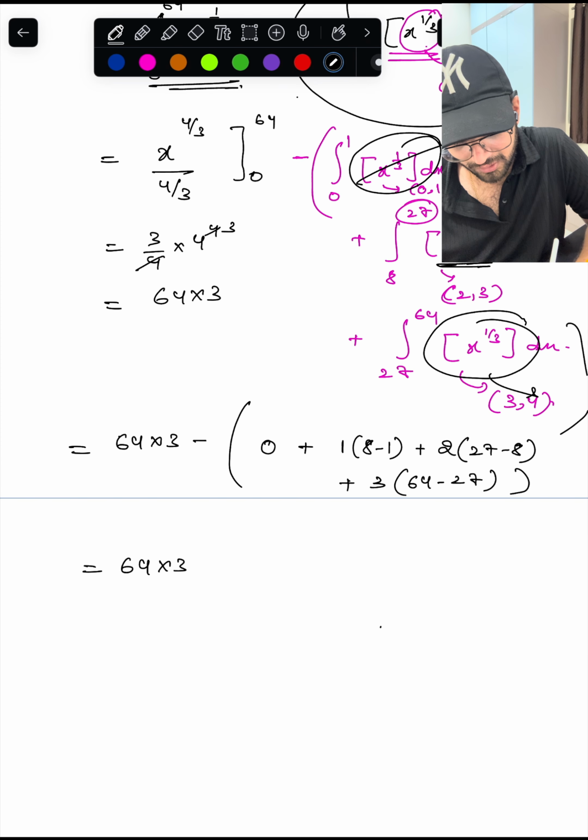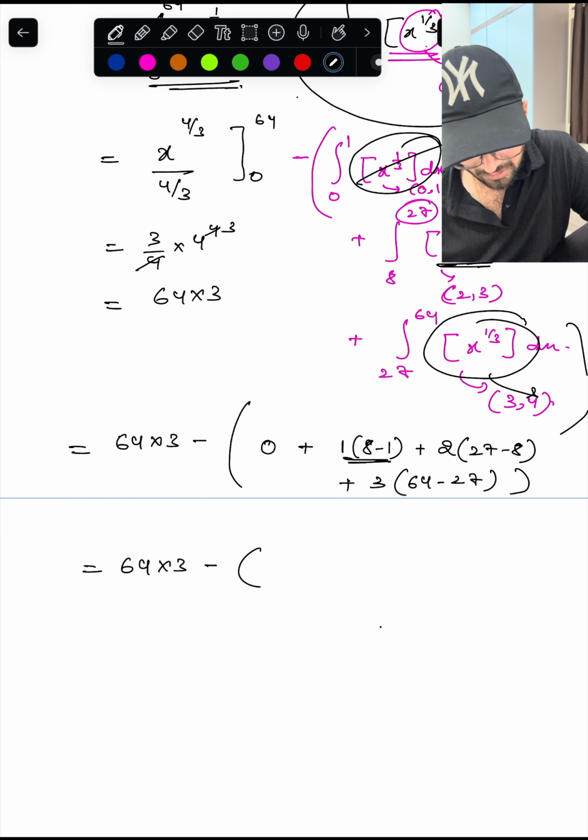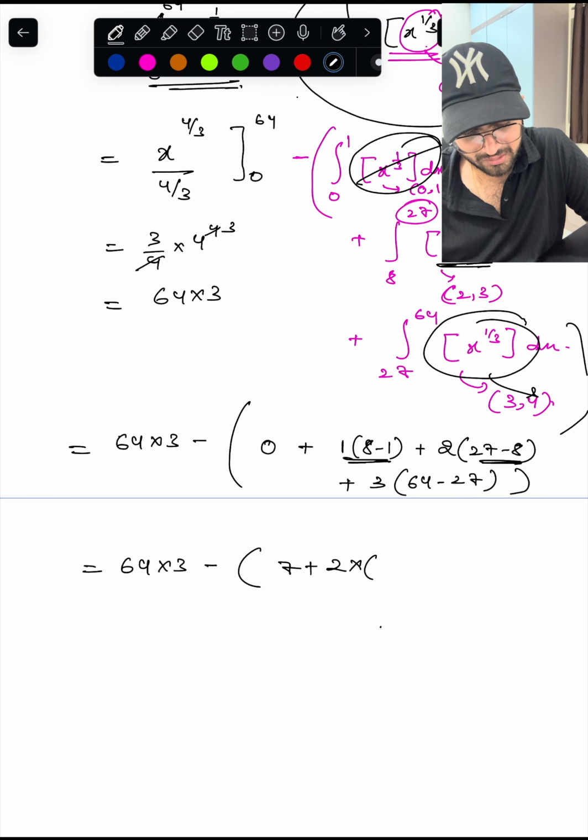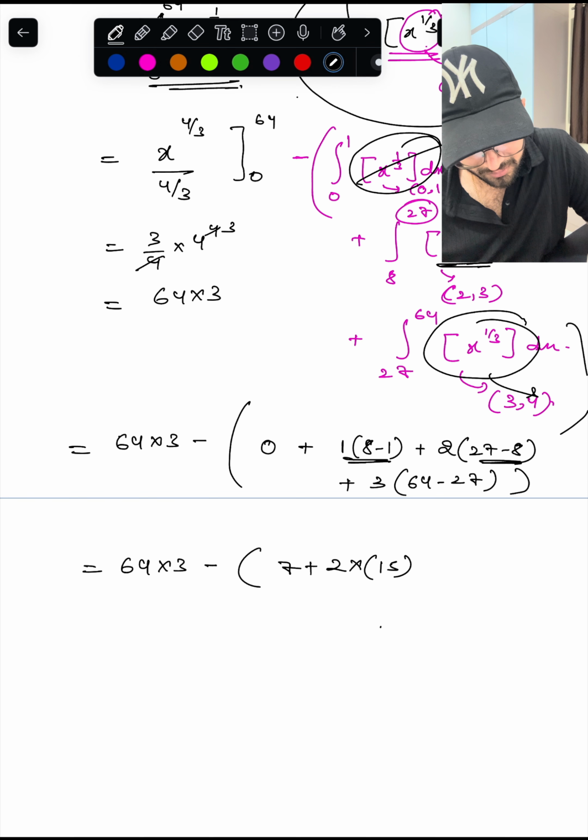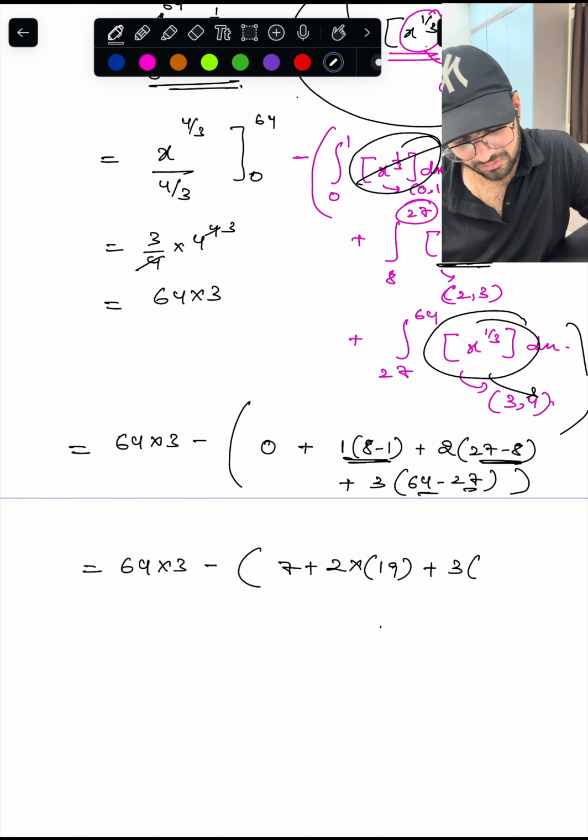So 64 into 3 minus this value 7, plus 2 into 27 minus 8, which is 19, plus 3 into 64 minus 27, that is 37. 44 minus 7, 37.